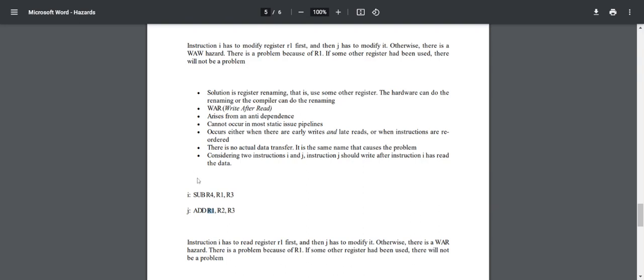Now you can see that there is some correlation between these two instructions. How? The operand here is R1, which you should read from the memory, right?